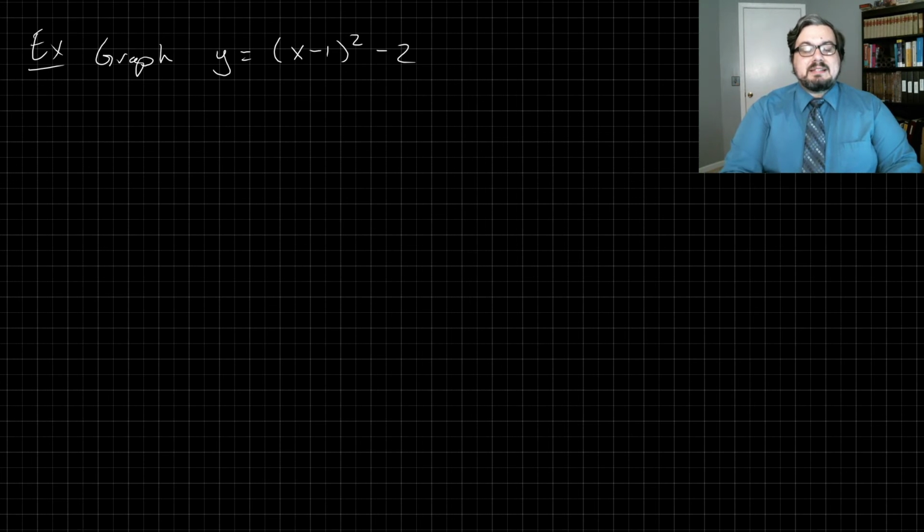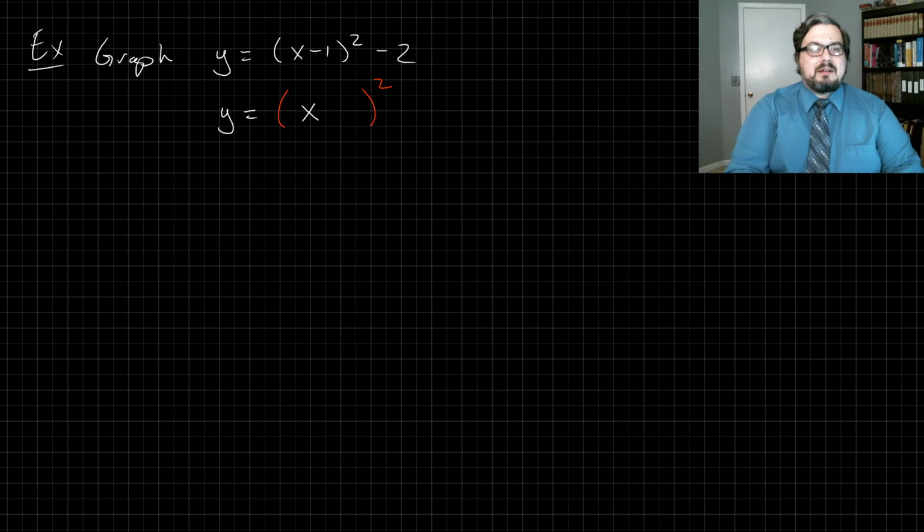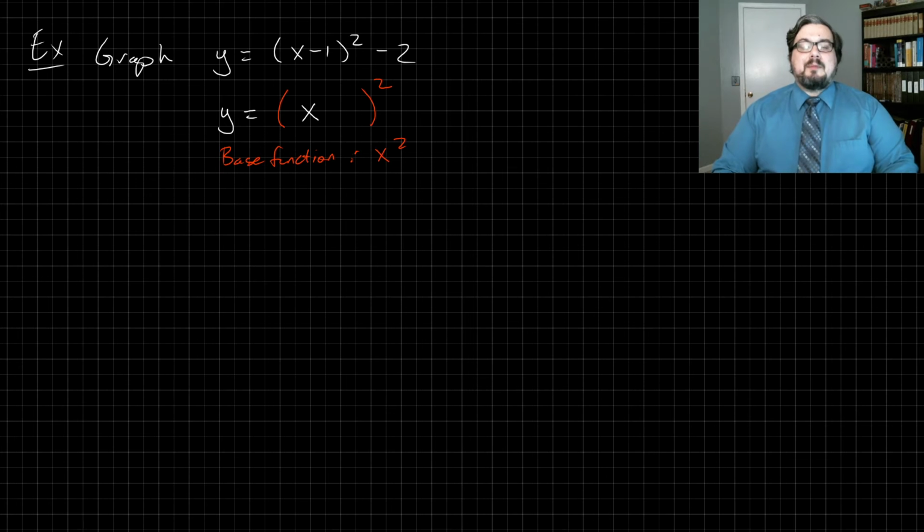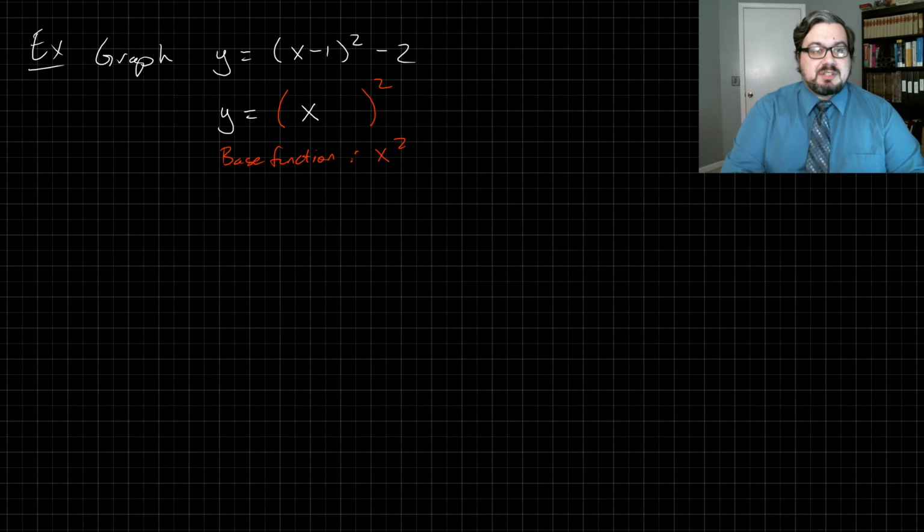So what we can see is that this is a translation of the graph of x squared. If I color code this, I can see that the function x squared is the base function. We want to break up this function into a base function and then transformations of it.